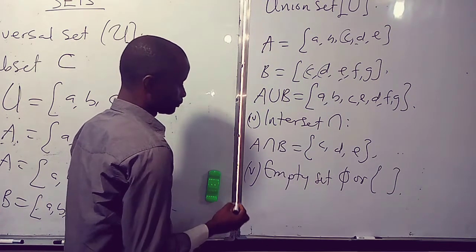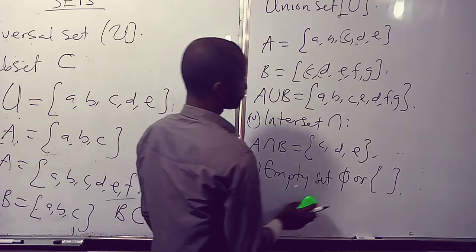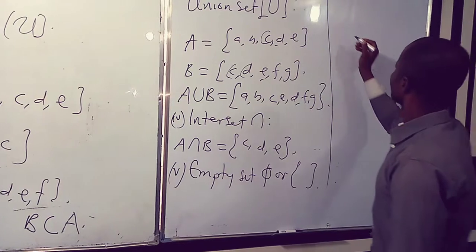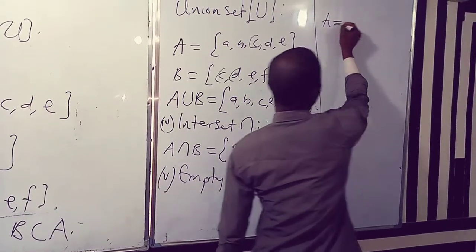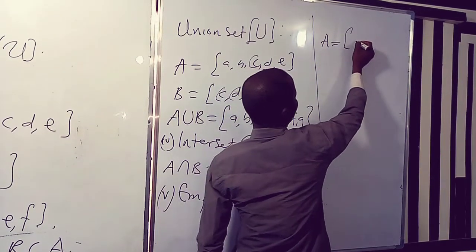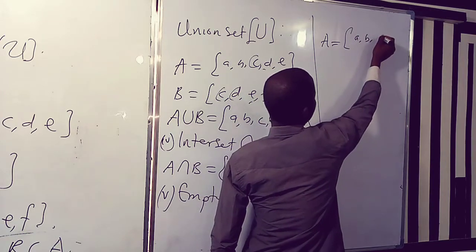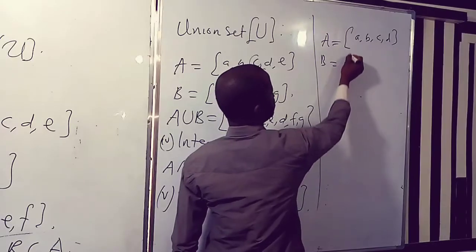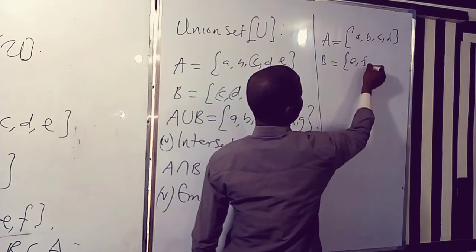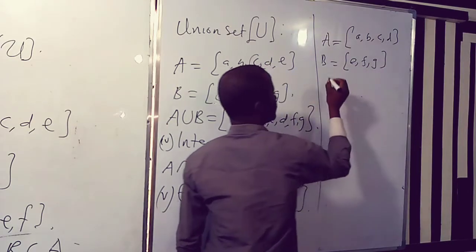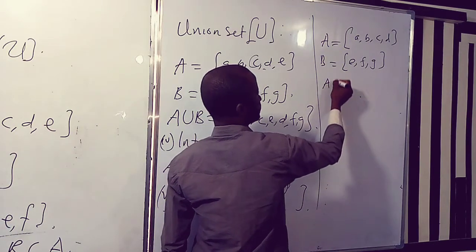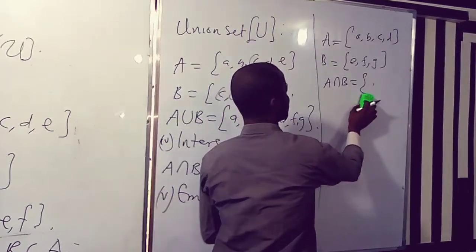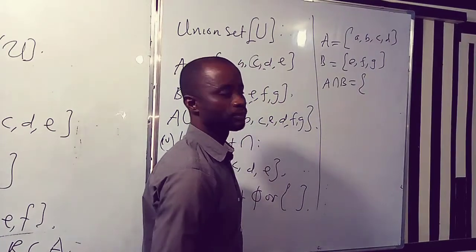For example, when you have A equal to A, B, C, and D, and B equal to E, F, and G, and the question is to find A intersect B, you find the common elements present in the two subsets.